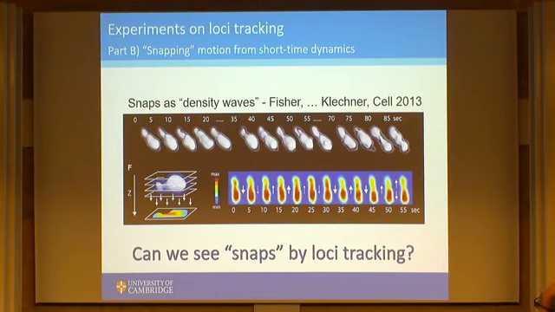This was inspired by work by Nancy Kleckner at Harvard, where they claimed that over quite short time scales, over 1 minute, a lot of large-scale DNA motions could be seen across the bacterium body. So we thought, well, if these things are happening, then maybe some of our tracks might be showing some strange effects because of these big waves.